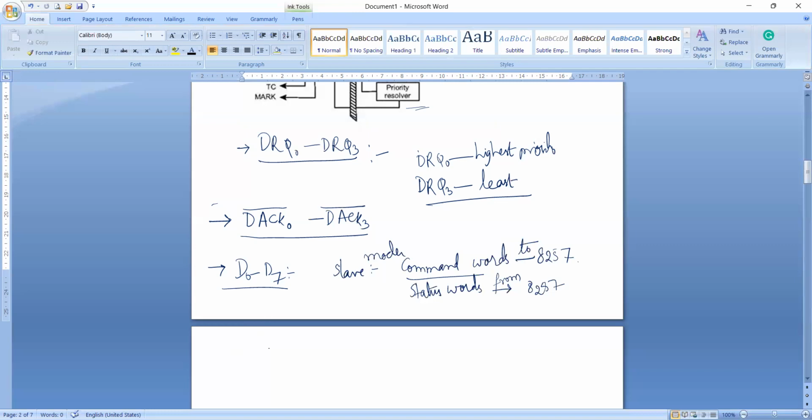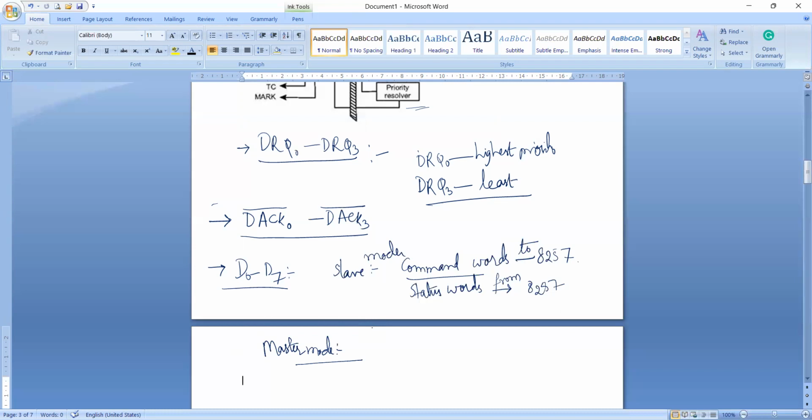And under master mode, these lines are used to send the higher byte of the generated address to the latch.